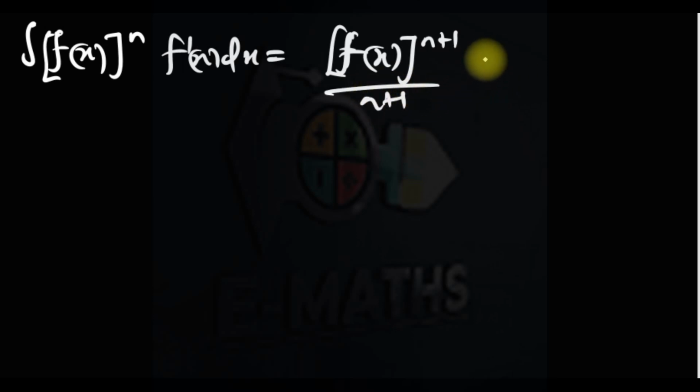Yes, it's correct, but remember that n must not be equal to minus 1. So if n is equal to minus 1, we can't use it like what we have here.